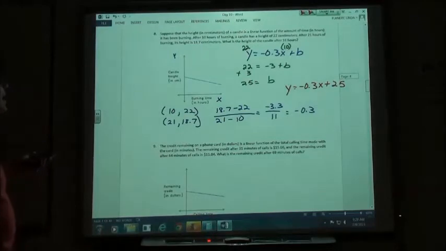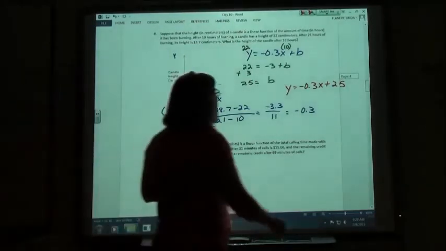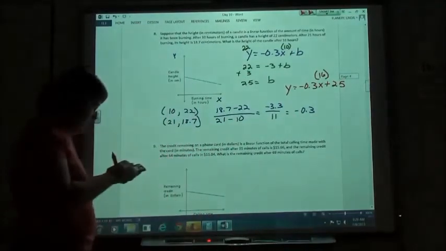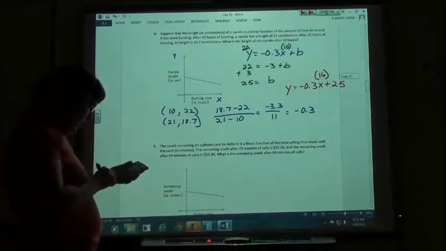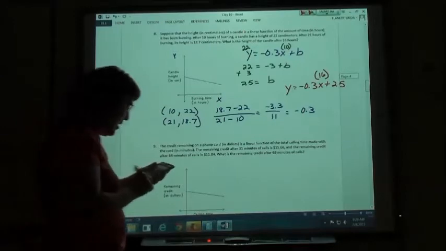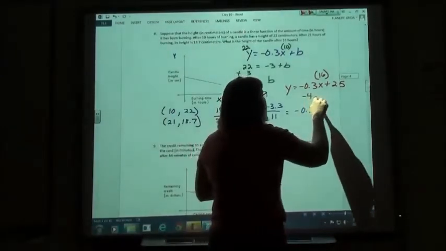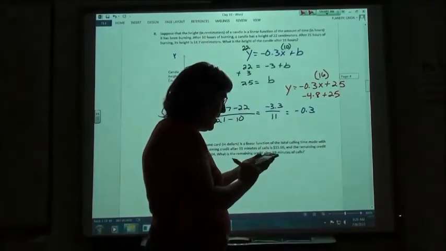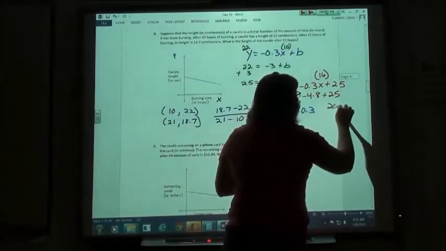We want to find the height of the candle after 16 hours. So now I can put 16 in for my x and solve. So negative 0.3 times 16 is negative 4.8 plus my 25 means the height is going to be 20.2.